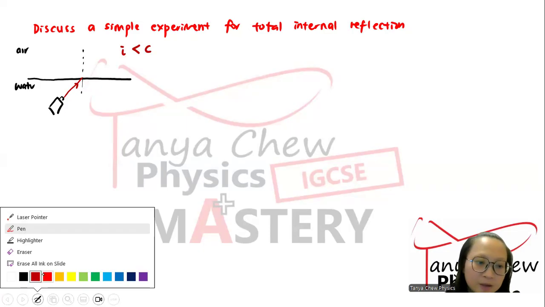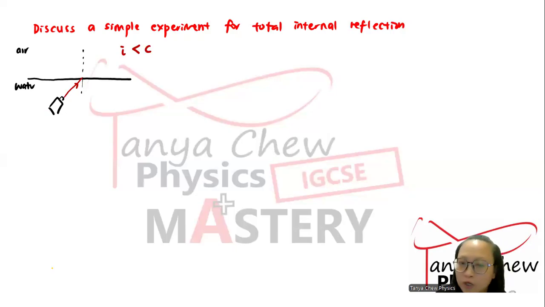What happens? You could see two rays only when the angle of incidence of light is smaller than the critical angle of the water. One is the refracted ray, the other is a fainter ray being reflected into the water. So you can see two rays.